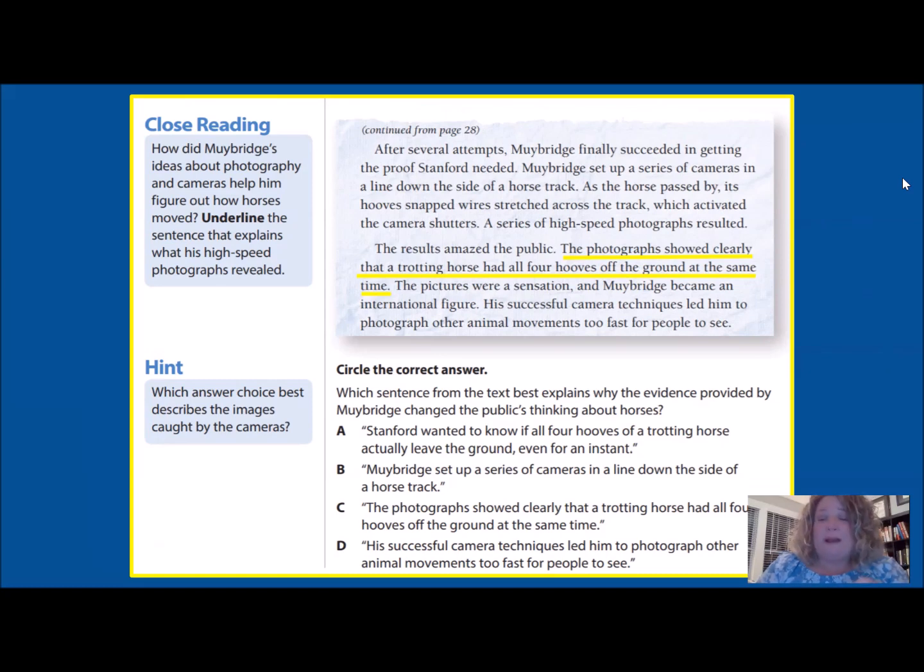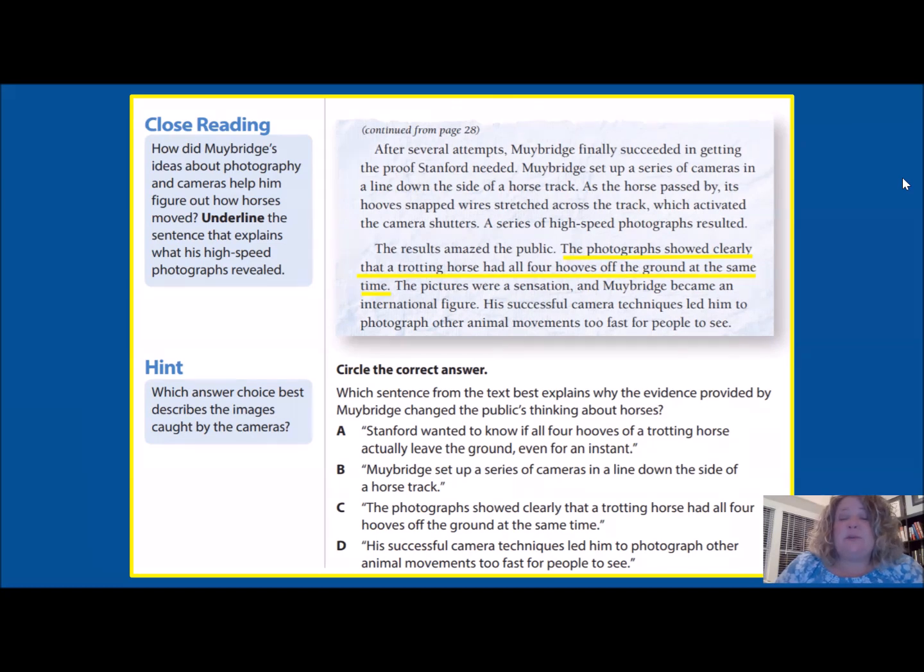Now, we have already underlined that sentence up in the text, so we know kind of what we're looking for. So, Stanford wanted to know if all four hooves of a trotting horse actually leave the ground even for an instant. Muybridge set up a series of cameras in a line down the side of a horse track. The photographs showed clearly that a trotting horse had all four hooves off the ground at the same time.